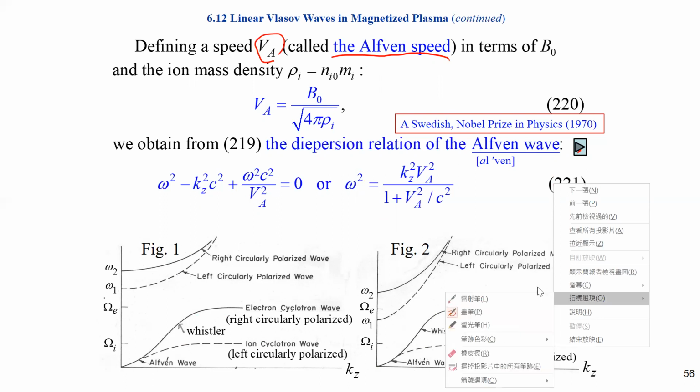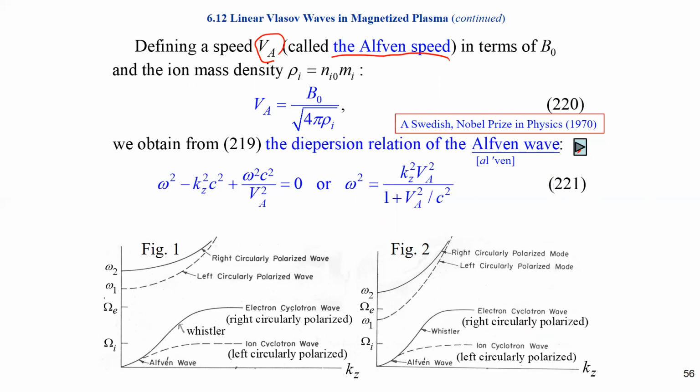Okay, maybe I should use the mouse. Alfven wave, Alfven speed. Alfven was Swedish.